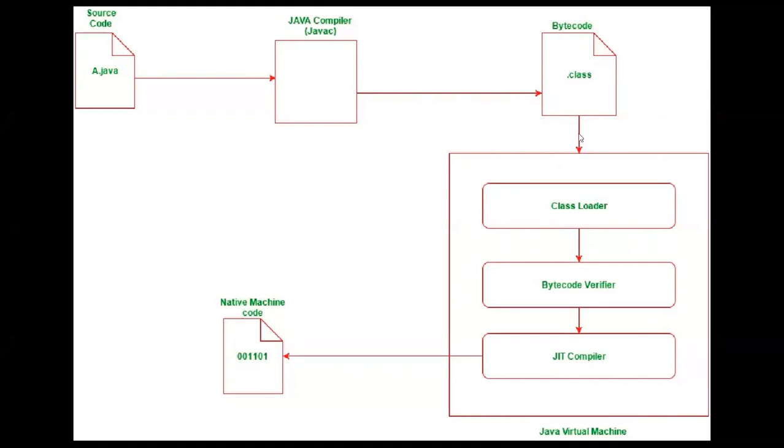So the Java virtual machine will first load the bytecode, the .class file, with the class loader. Once it loads it, it will verify the bytecode to tell whether it's correct and there's no error.